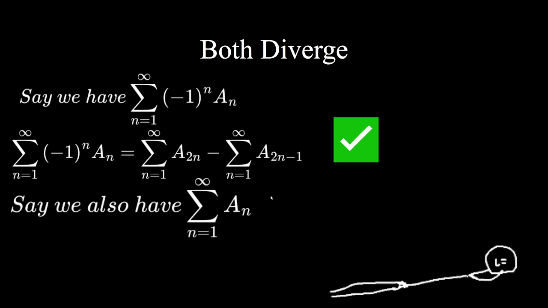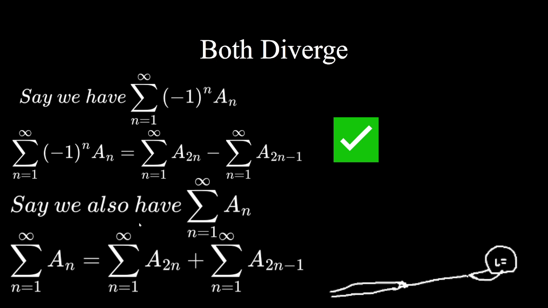And say we also have the non-alternating counterpart. We would have infinity plus infinity after decomposing it, which also meets our criteria. So great. For a non-absolutely convergent alternating series, both subseries have to diverge.